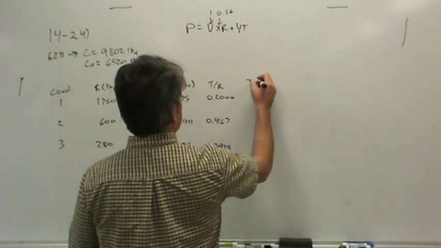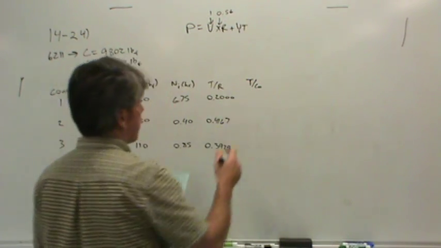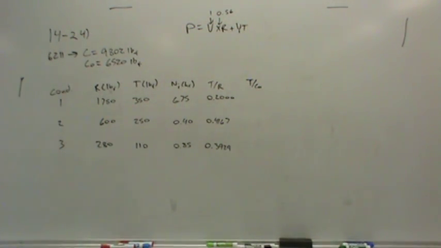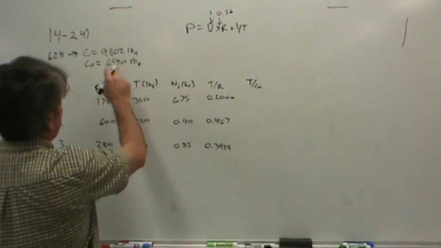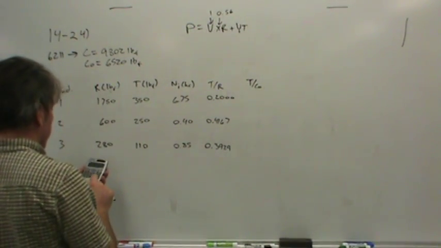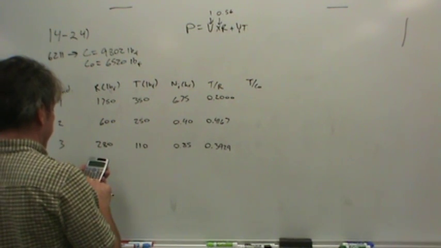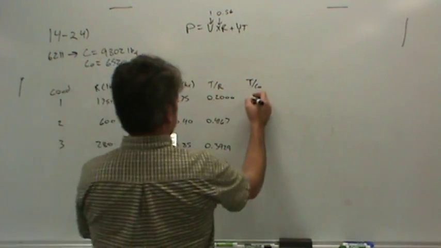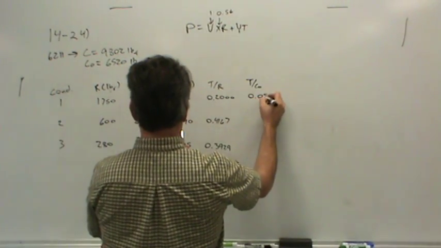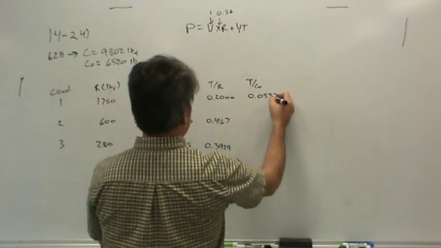Then to calculate T over C naught, here I'll have to be a little more careful because my solution that I wrote up is based on the 4th edition of the book, and the numbers for the bearings have changed a little bit. So let me just calculate these and see. So I'm going to take 350 over 6520. And that's 0.0537.